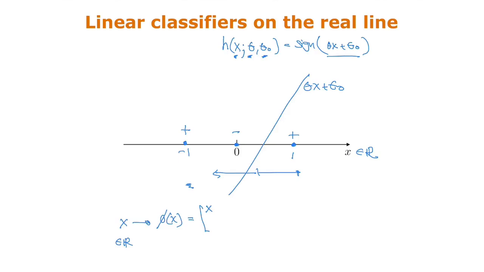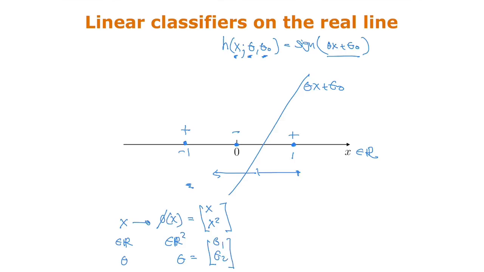But we will also add additional features here, such as x squared. Okay, so phi of x now lives in R squared. As a result, our theta, that used to be scalar, now has two coordinates, theta 1 and theta 2.